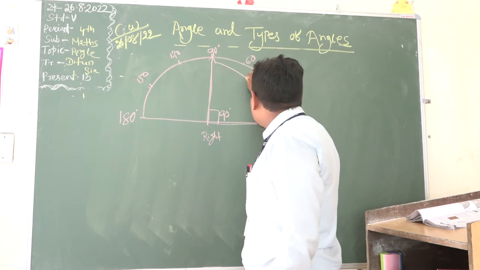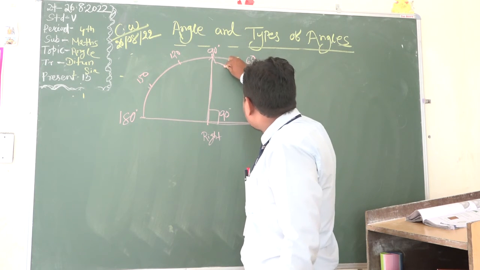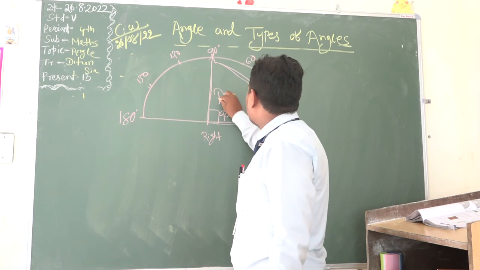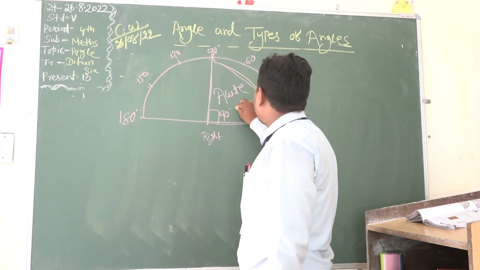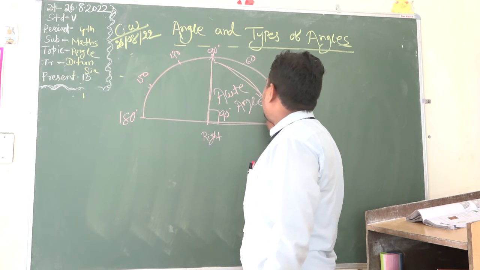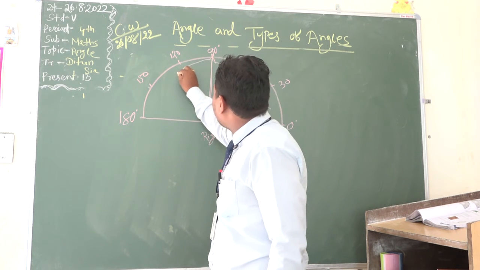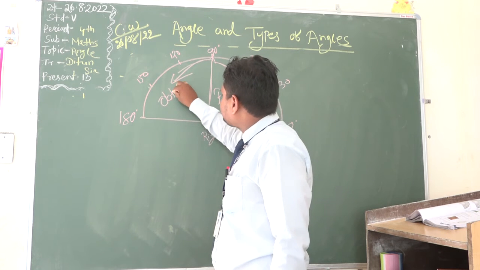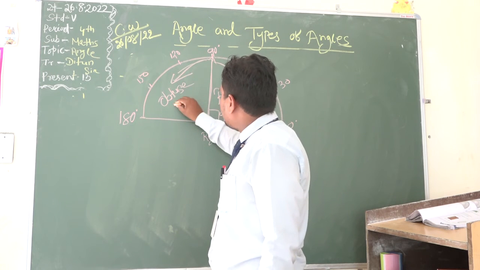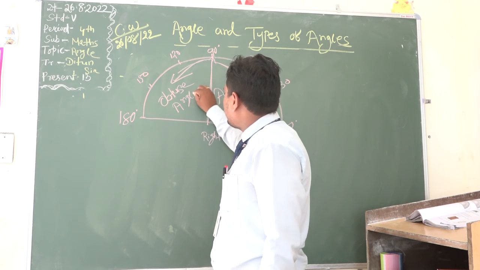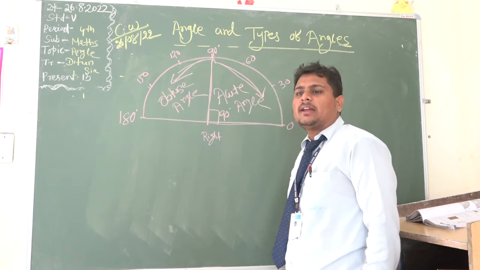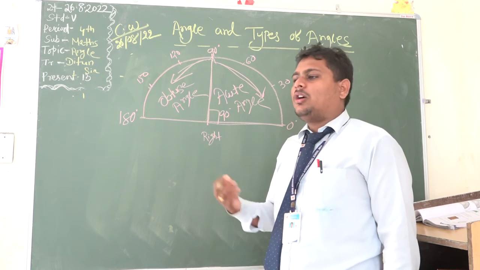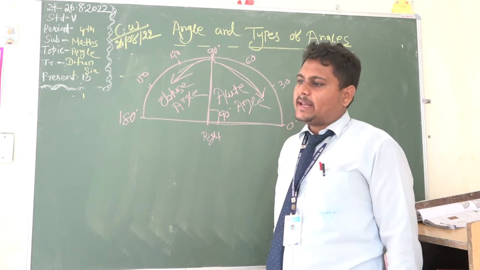The angles which are less than 90 are all known as acute angles. Those crossing the line of 90 are called obtuse angles. So if we see a picture, we can easily recognize whether it is an acute, obtuse, right or straight angle.